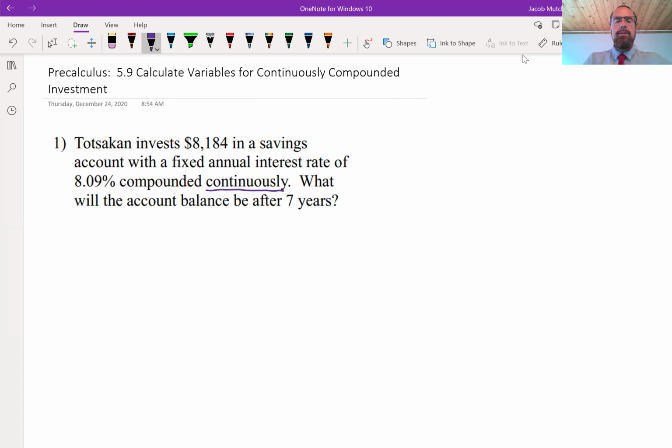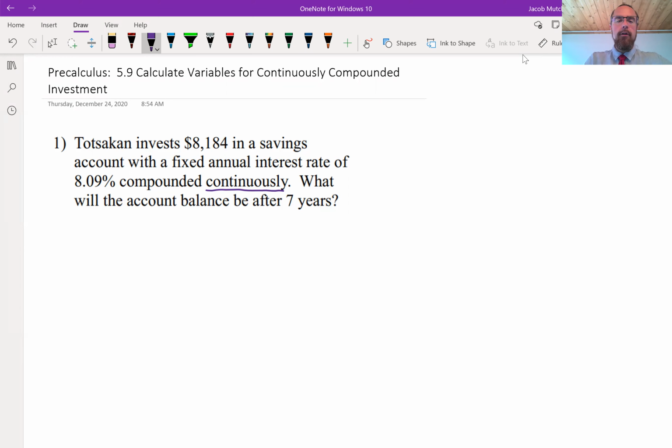If we think about continuous compounding, it's really the ultimate in growth. In our previous situations, we compounded maybe 4 times in the year, maybe monthly. If I'm compounding continuously, that's equivalent to compounding the interest at every single moment. So really, it's the ultimate in growth.